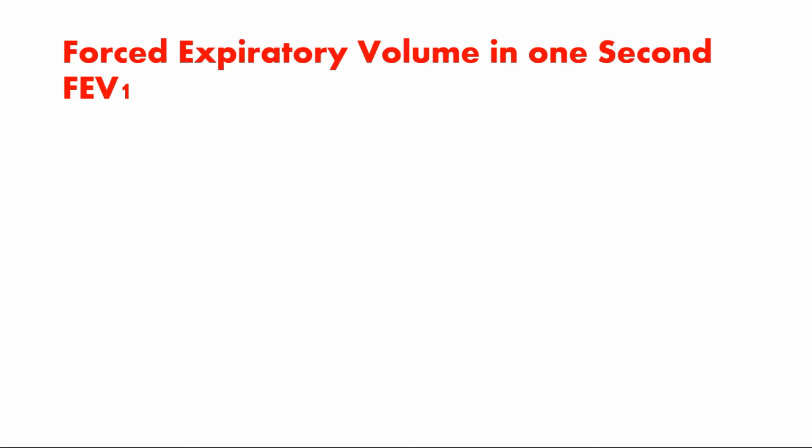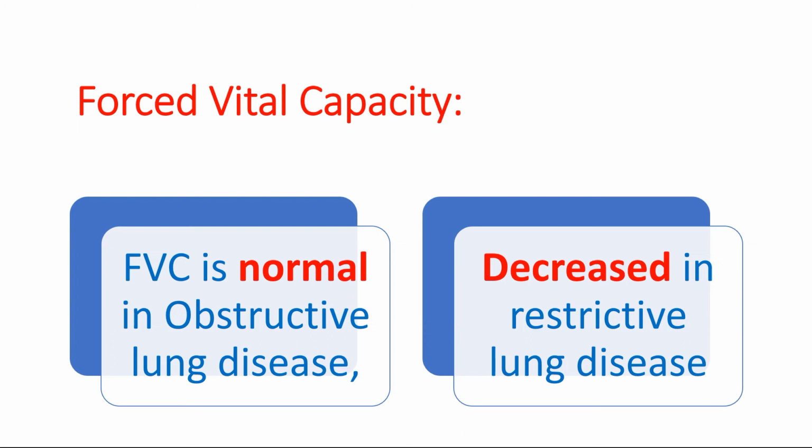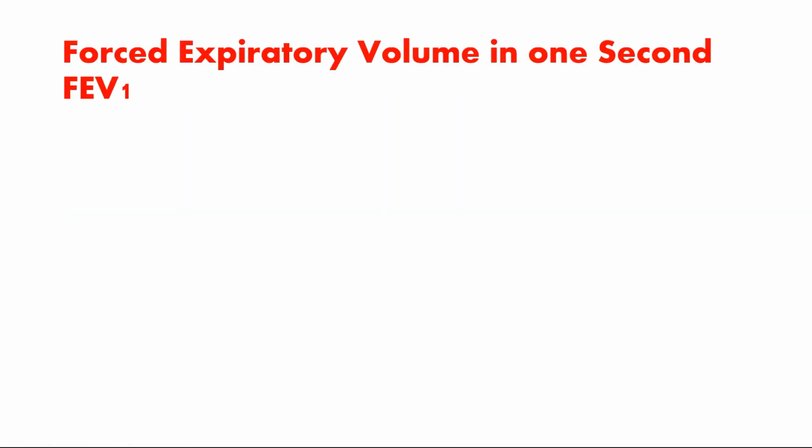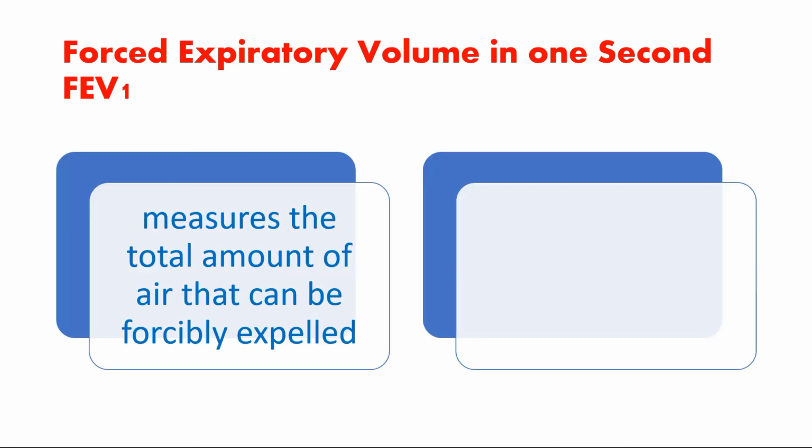Now, we have to measure this forced expiratory volume in 1 second, because in obstructive pulmonary disease, forced vital capacity may be normal or may be decreased a little. So it is better to see the forced expiratory volume in 1 second.